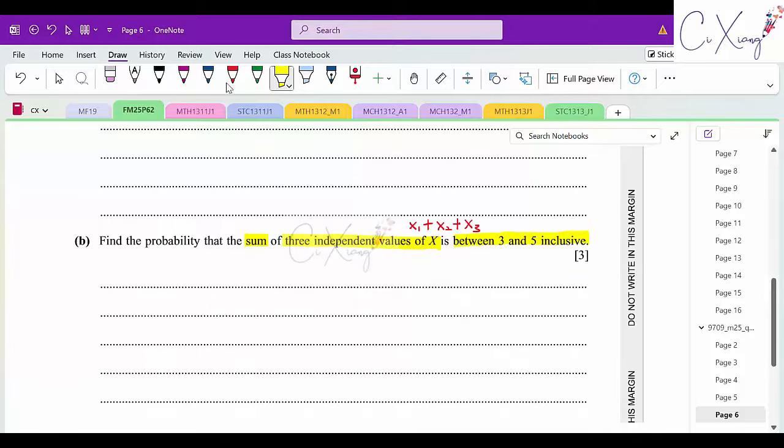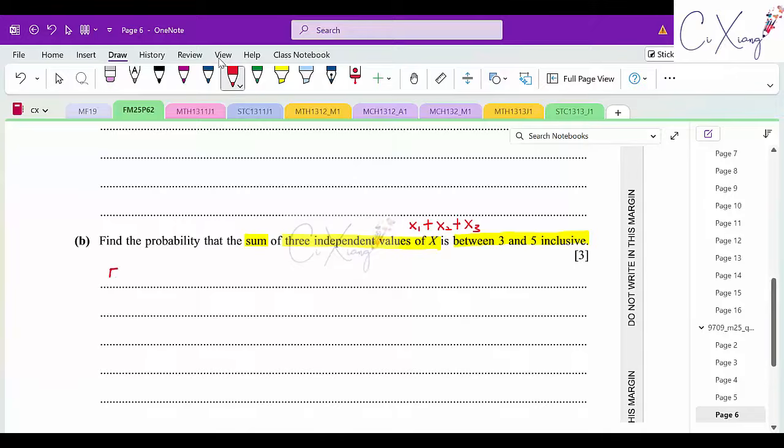Before that, I need to figure out what the distribution is if I add x1 plus x2 plus x3 together. According to what we know, if x is Poisson, then the linear combination, the summation x1 plus x2 plus x3 and so on, is also Poisson distributed.